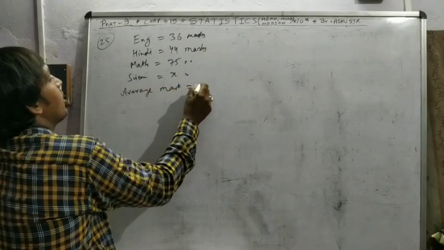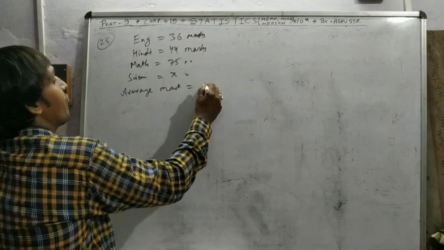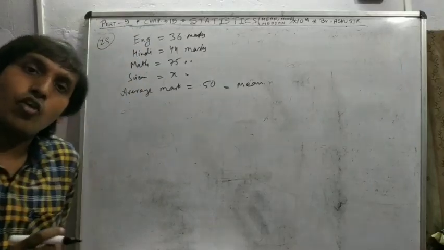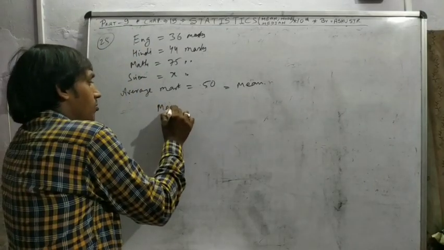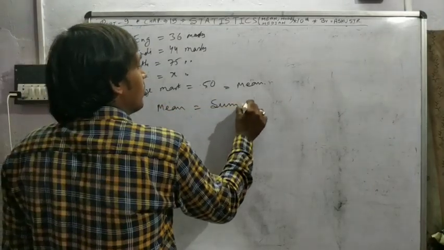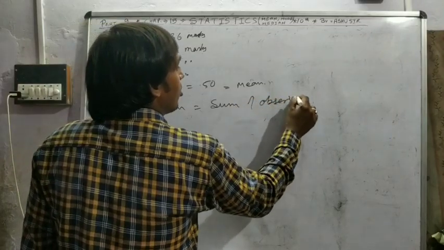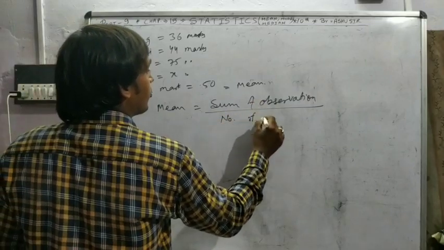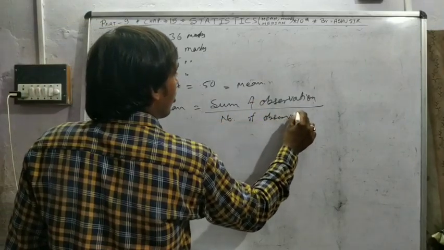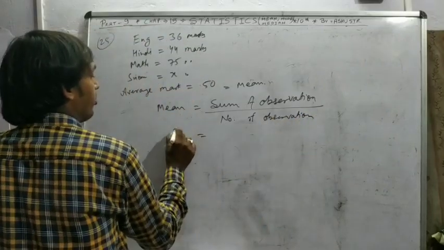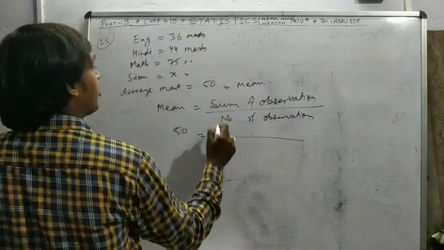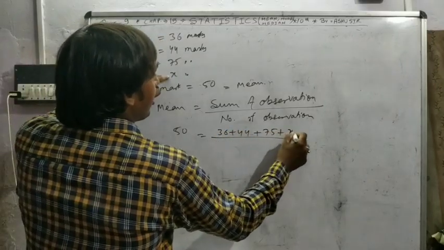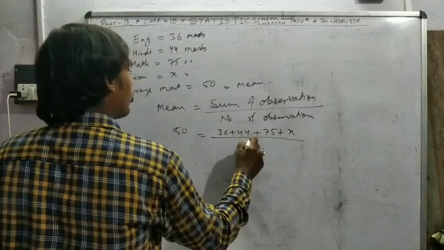Average marks is 50, that means mean. So the basic formula to find the mean: mean is equal to sum of observations upon number of observations. So mean 50 is given, sum is 36, 44, 75, x, and there are 4 observations.